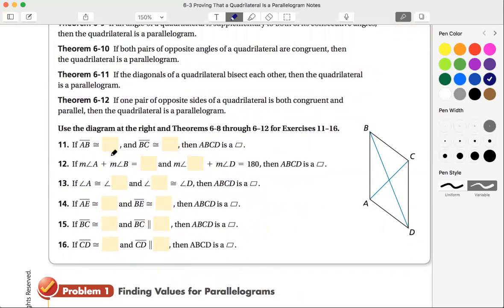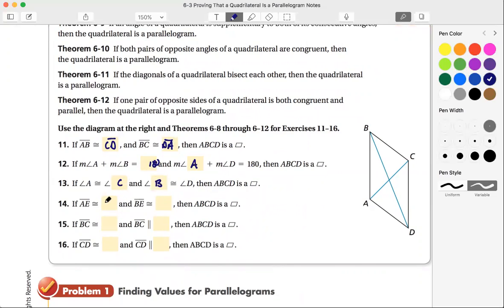So if I know AB is congruent to CD, and BC is congruent to DA, then I know this is a parallelogram. I also know if angle A plus angle B equals 180, and angle A plus angle D equals 180, then this must be a parallelogram. If I know that angle A is congruent to angle C, and angle B is congruent to angle D, it must be a parallelogram.